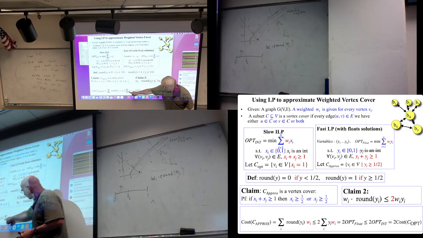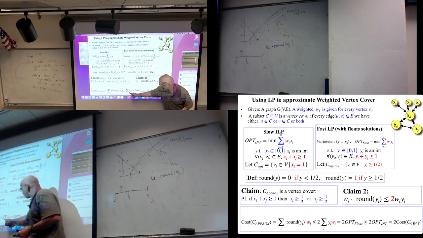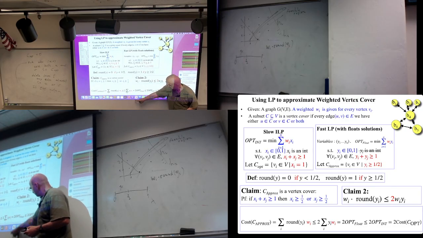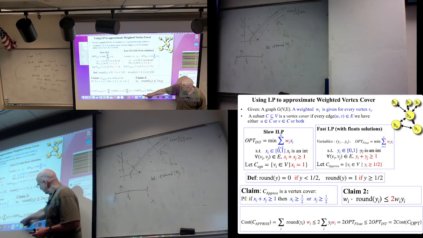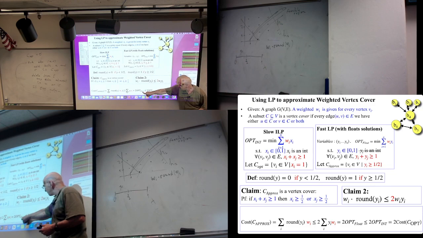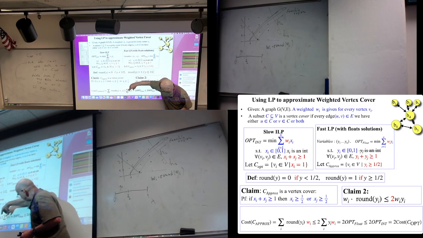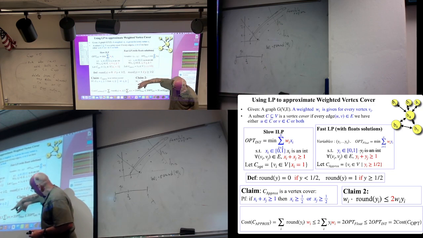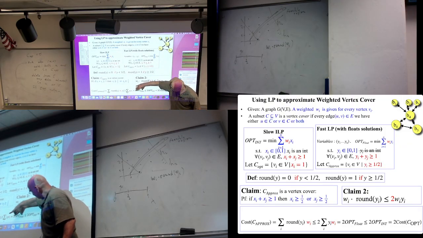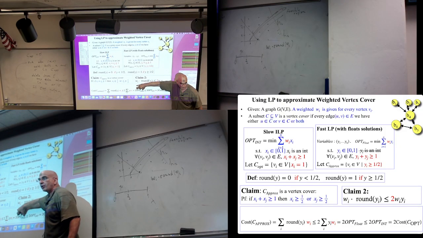It's at most 2 times, for each one of them, at most 2 times the sum of the yi wi, but this is 2 times the opt, but well, what do I have right here? This sum of yi wi is the cost of the opt.